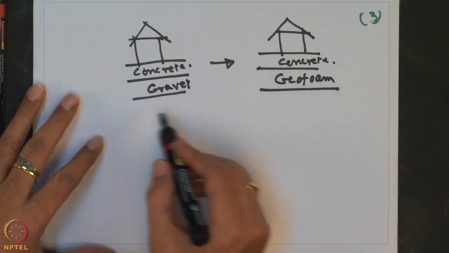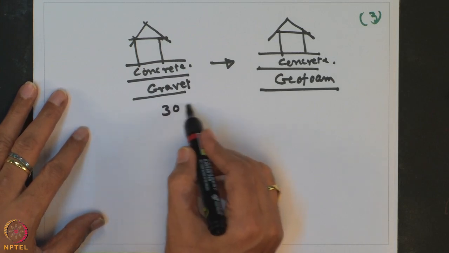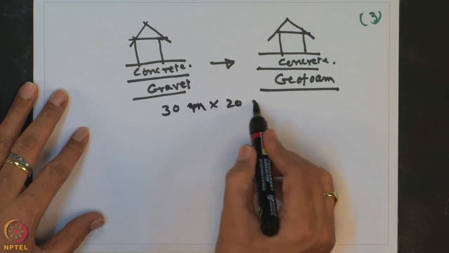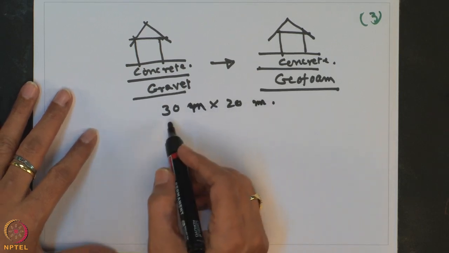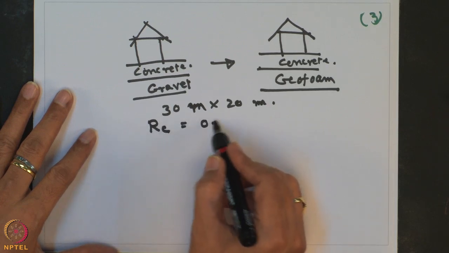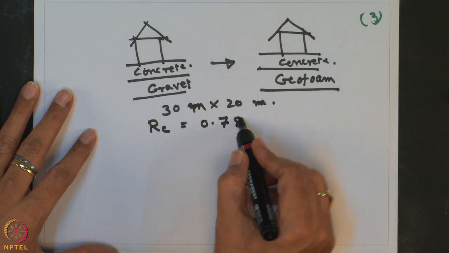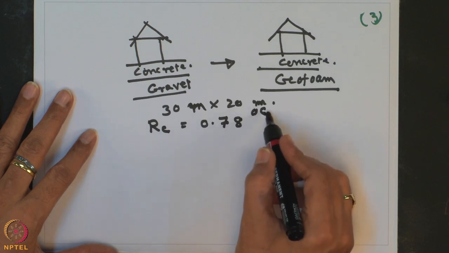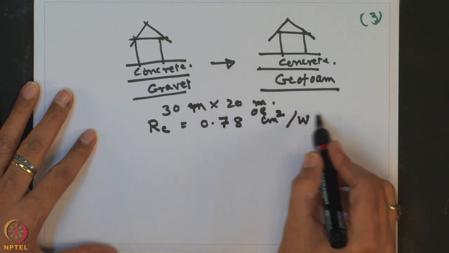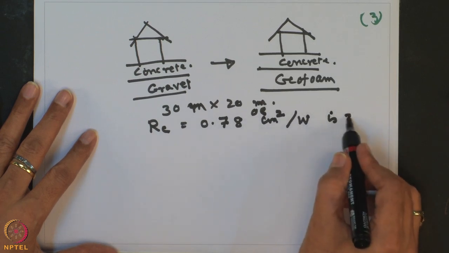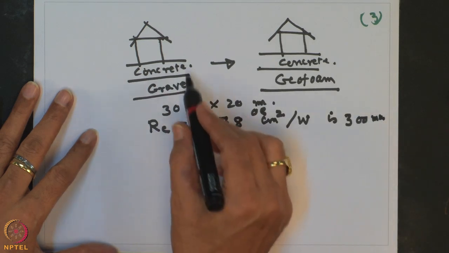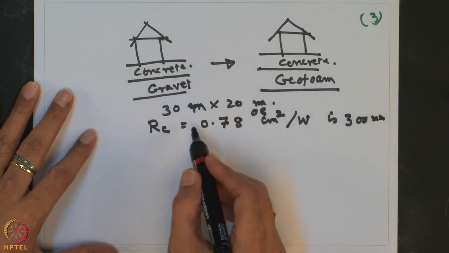Let us say the building area is 30 meter into 20 meter, and the thermal resistance of the concrete is given, you can also take it from the table, as 0.78 degree centigrade meter square per watt, for 300 millimeter resting on gravel or concrete.